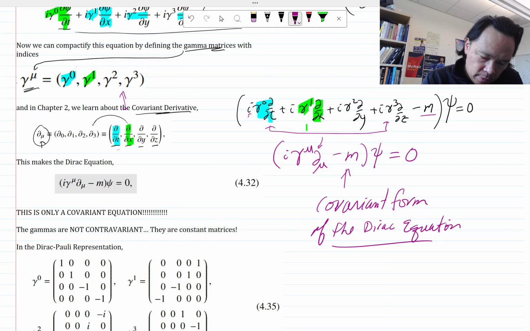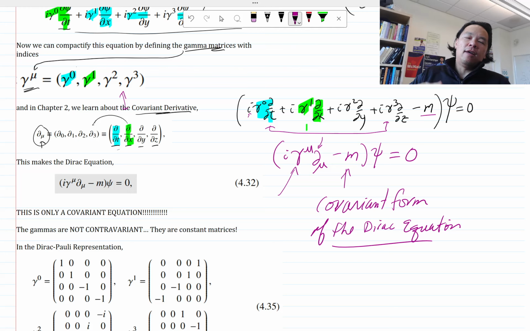So I'm going to tell you why this is a covariant form, not a Lorentz invariant form, even though it looks like there's a dot product here. These gamma matrices are not variables. So when you do a Lorentz transformation of a constant, that is still the same constant, so you don't change things.